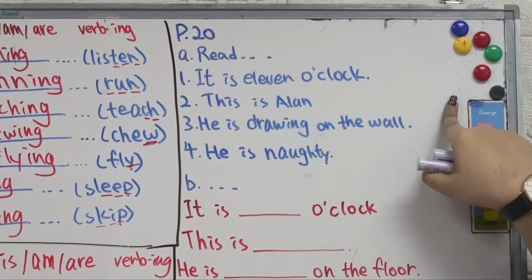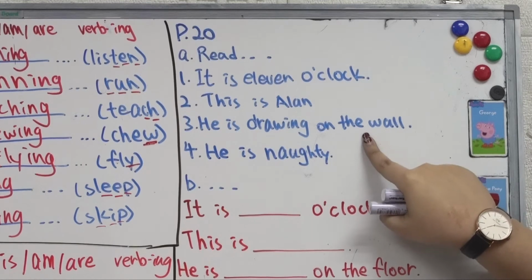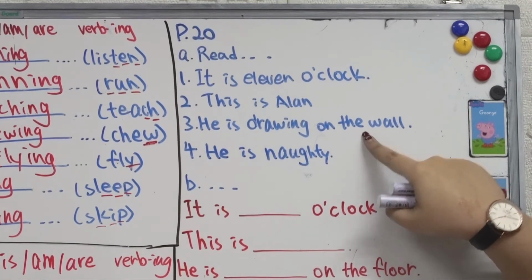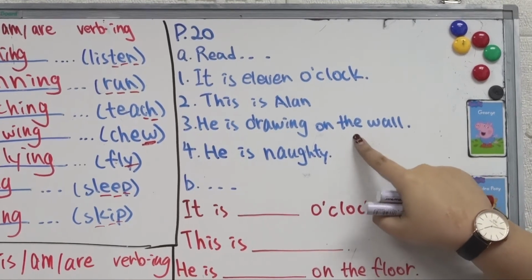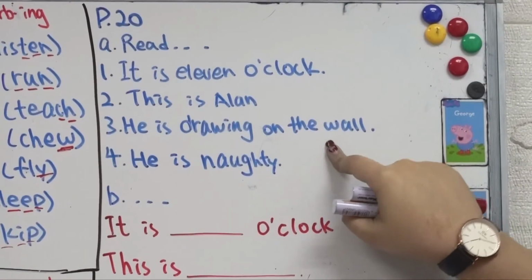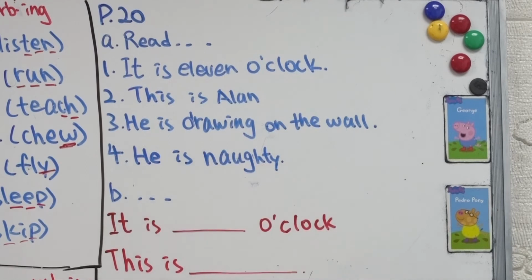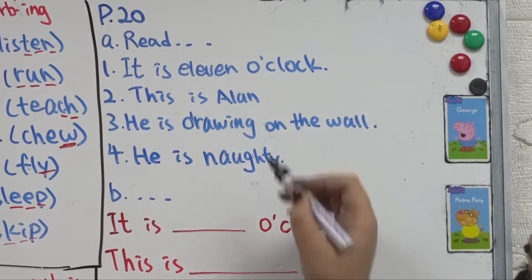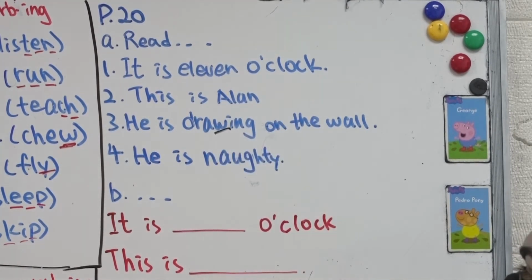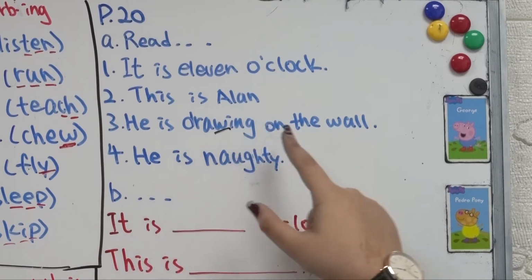What is he doing? He is drawing on the wall. As you can see, drawing, right? Drawing ends with W, so adding ing will be enough for us, okay?